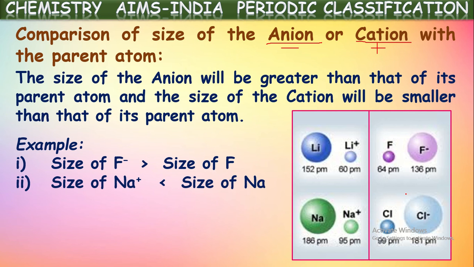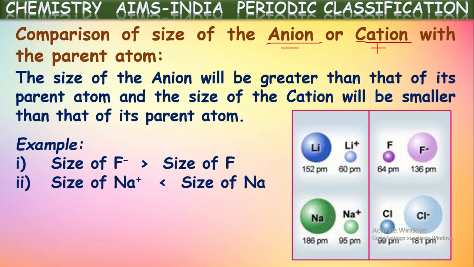Now in case of cations, the size of the cation will be smaller than that of its parent atom. Why? Because if you see the sodium ion, how is it formed? Cations are formed by the loss of electrons.